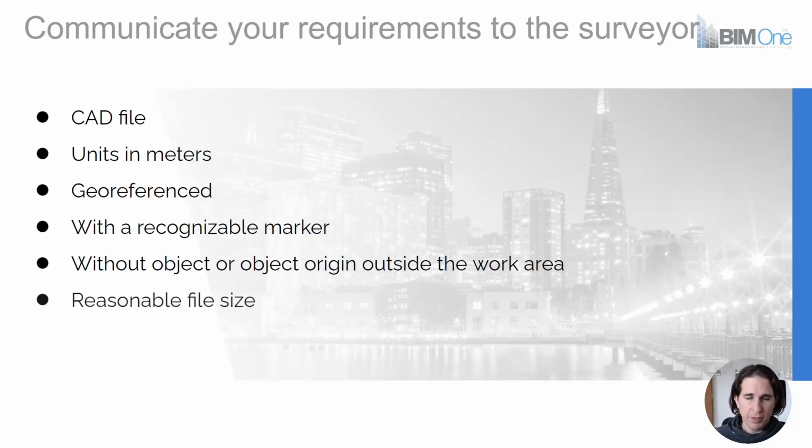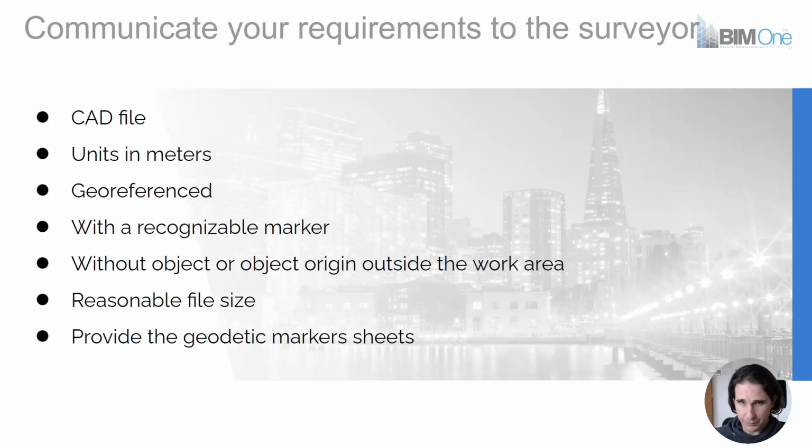After that, do you have a reasonable file size? Usually a purged AutoCAD file shouldn't be more than 5 megabytes, or maybe 2 megabytes would be ideal. But it depends on the amount of information contained and the information that you required as well. Will the surveyor provide you with geodetic marker data sheets?